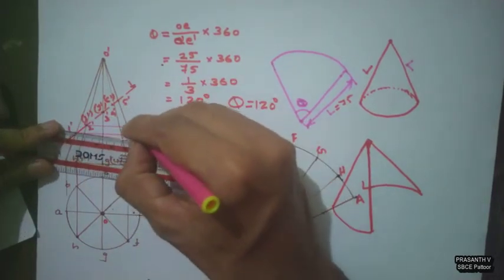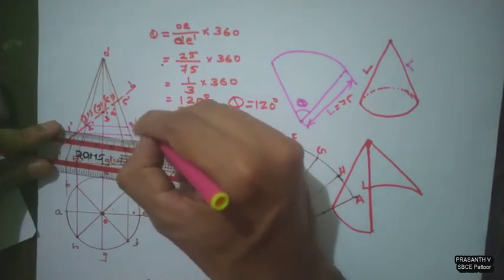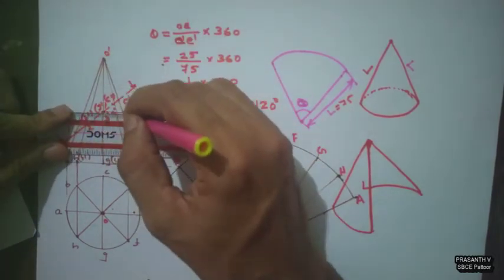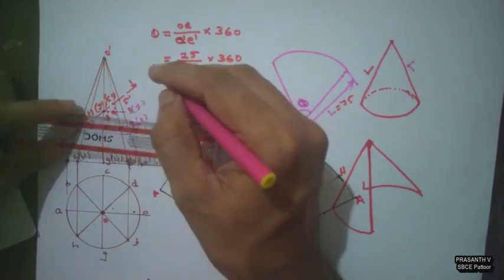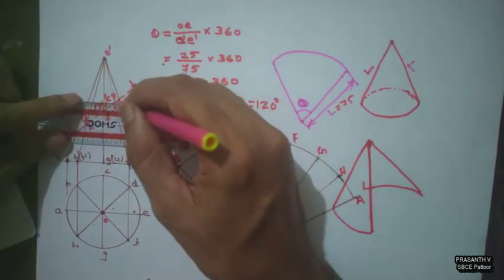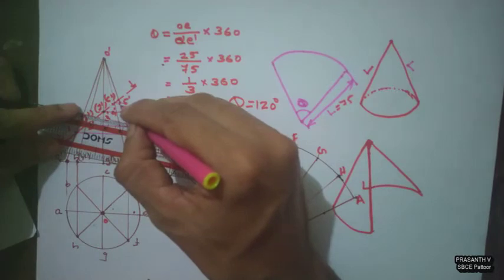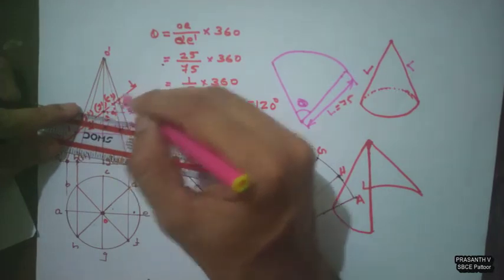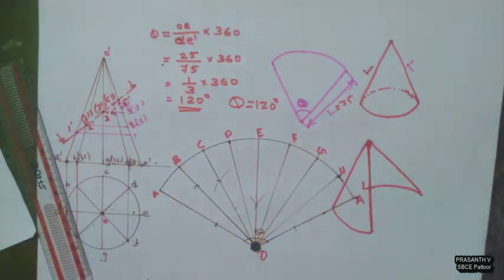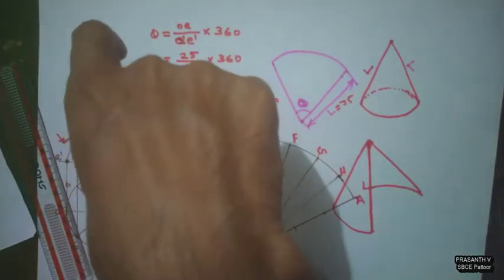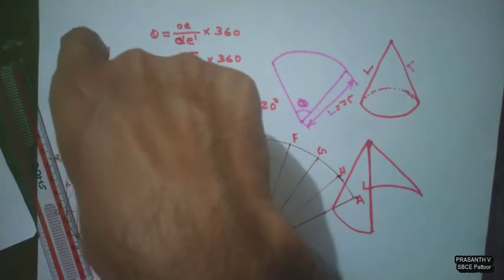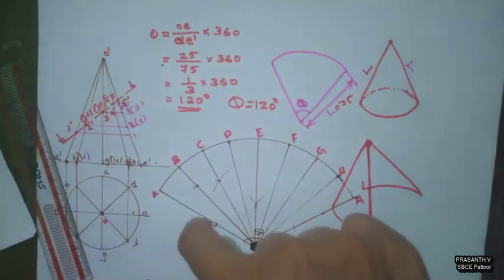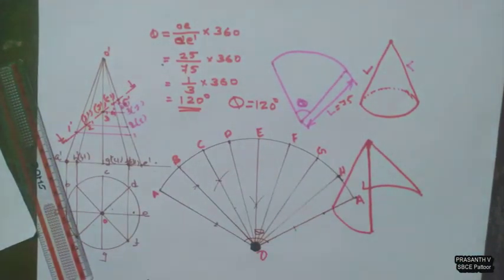Here it is 2 in bracket 8. Here you will get 3, 7, 6, 4. This point is 6, 4. Here 5 point is this one. Now you have to take all these distances from O dash on this line O dash E dash, and mark the distances on the corresponding generator.